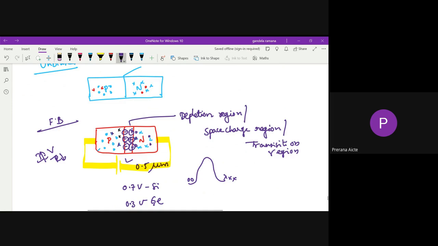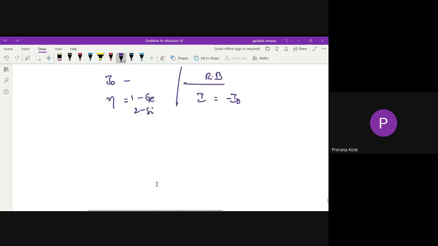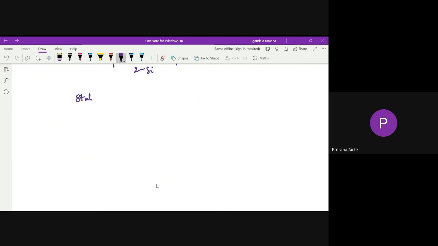There are two types of resistances: static resistance and dynamic resistance.